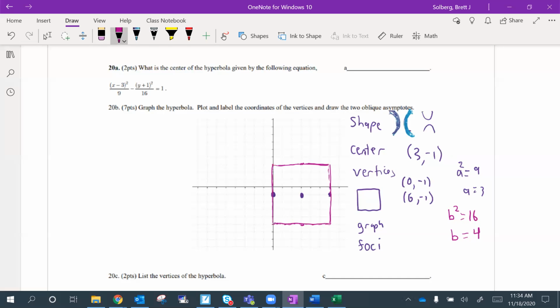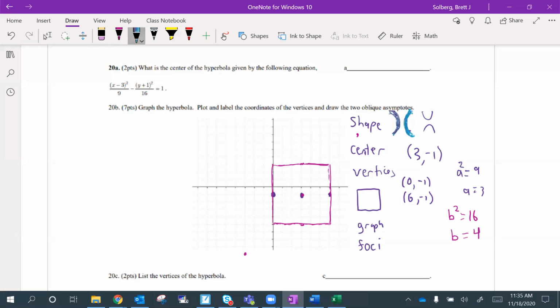Okay, cool. Now, the reason why we need that box is it gives us the asymptote. So what I'm going to do is from the center, I'm going to figure out how much do I go up and over, which is up 4 over 3, up 1, 2, 3, 4 over 1, 2, 3. It's right about there. And then I'm going to go down 4, back 3.